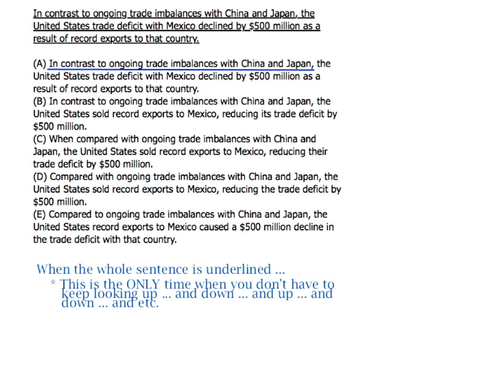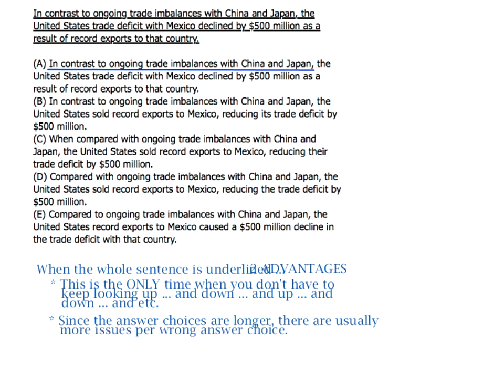So that's one advantage. There are two huge advantages, and that's one of them. The other is that since the answer choices are longer, entire sentences, there are usually more issues per wrong answer choice.